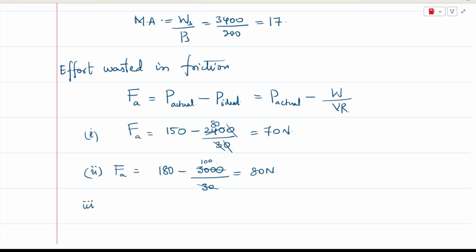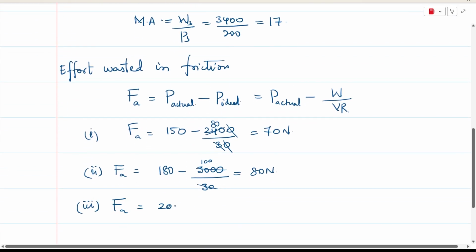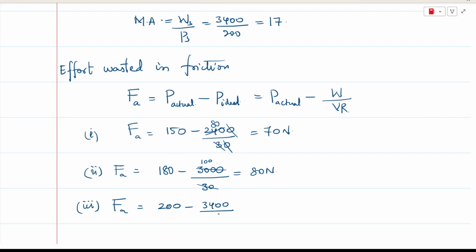For the third case it can also be computed. FA is equal to the actual effort, 200, minus 3400, the weight being lifted, divided by the velocity ratio 30, which is approximately 113.33.